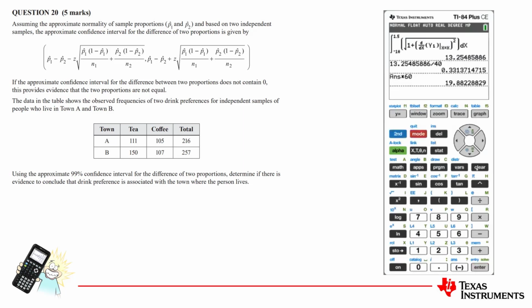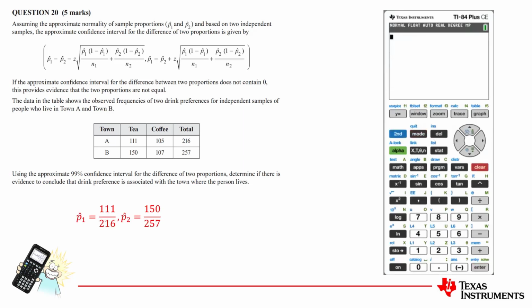What I have here down the bottom is I've just worked out those sample proportions as fractions, but I'm going to put them into decimals on my calculator. And again, same as before, I'm going to store them under certain variables. So in this one, I'm going to store this one under A for town A. So that was the proportion of people who like tea.